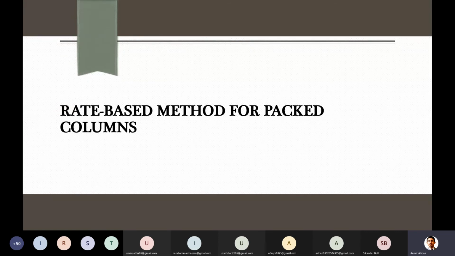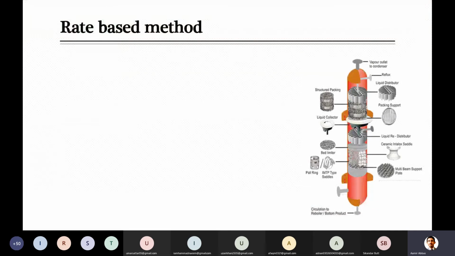Before we start with this design, packed towers, you already know that these are equipment in which packing is used. We have also discussed this in detail, but to summarize, packed towers involve some kind of packing.